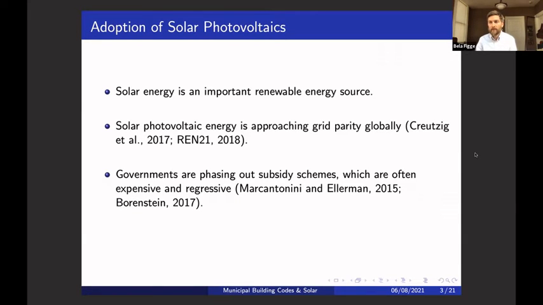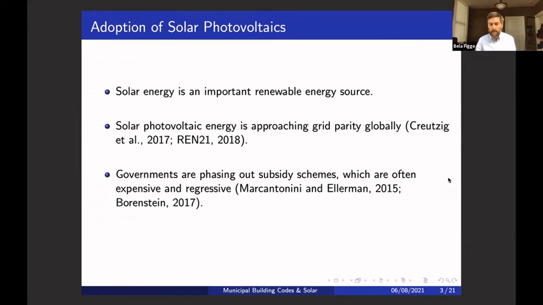We also know that solar energy is approaching grid parity globally. So it has become a lot cheaper, and it has thus allowed governments to phase out subsidy schemes.